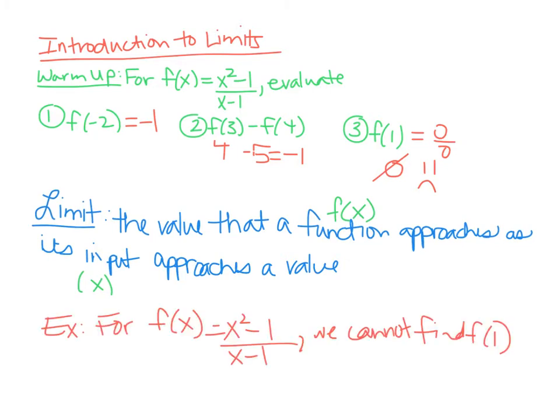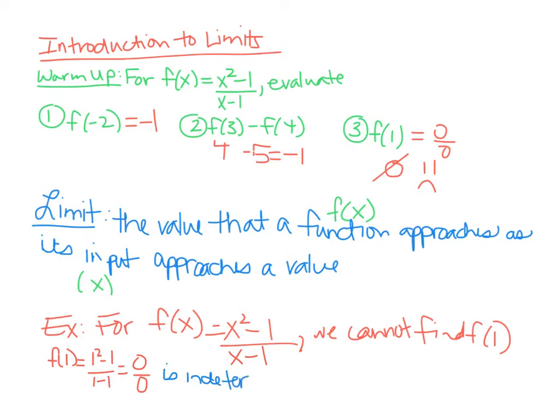So we know we can't find f of 1. And we know that this is true because if we do f of 1, we end up getting 1 squared minus 1 over 1 minus 1, which is 0 over 0. When you get a form such as 0 over 0, that's the main one we'll be seeing, we call this an indeterminate form.